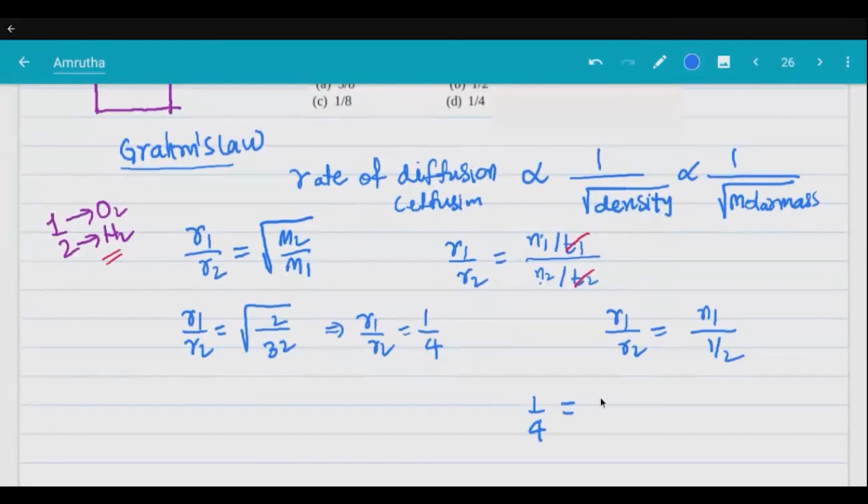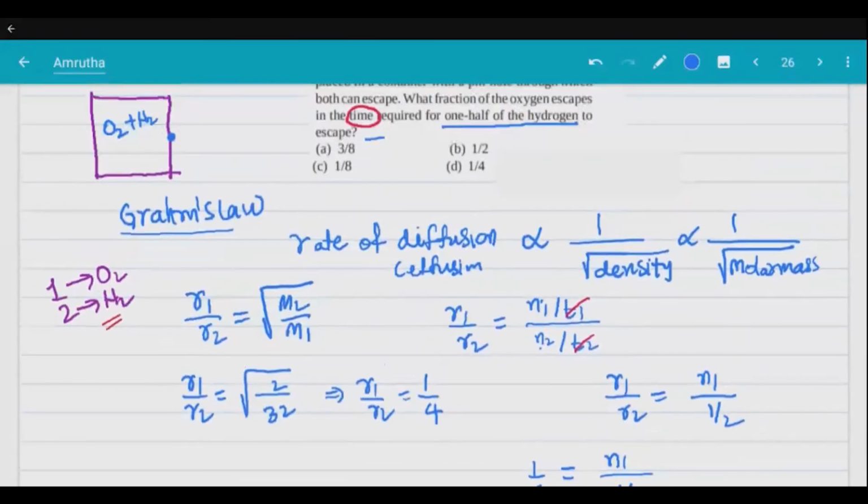So that is equal to N1 by 1 by 2. So N1 is equal to how much? So where is the answer? Yes, answer is B. So 1 by 2 fraction will be escaped in the same time.